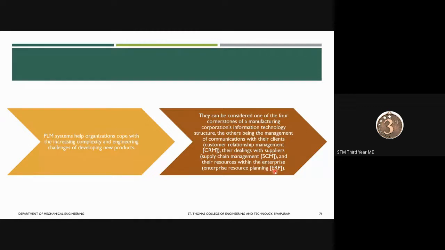So these four deal with the planning operations, or the basics of controlling the product production, customer relation, etc. Okay, so these all come under IT fields.